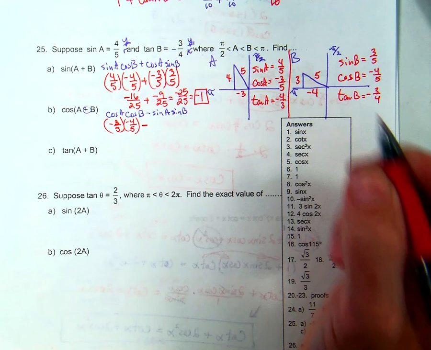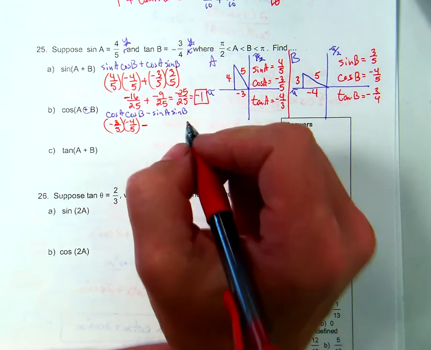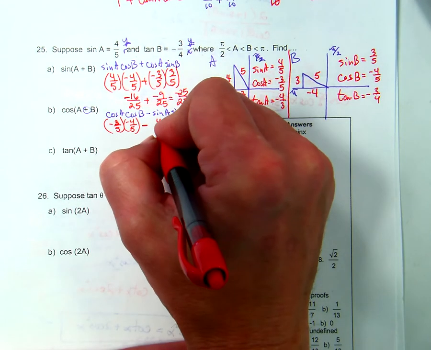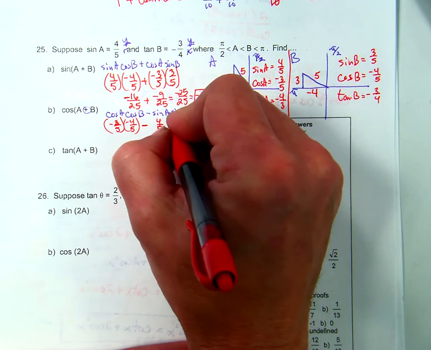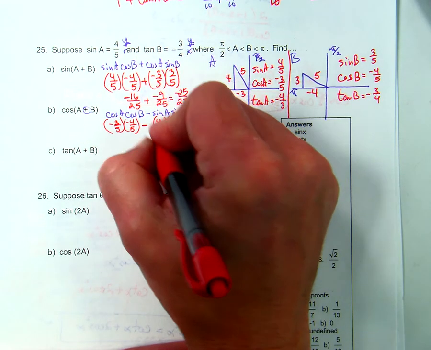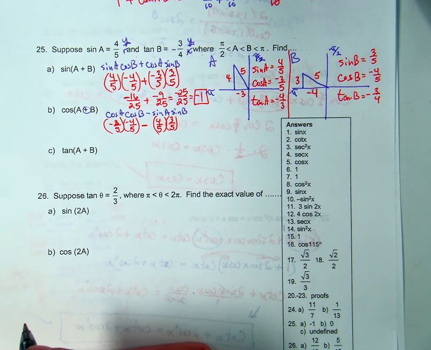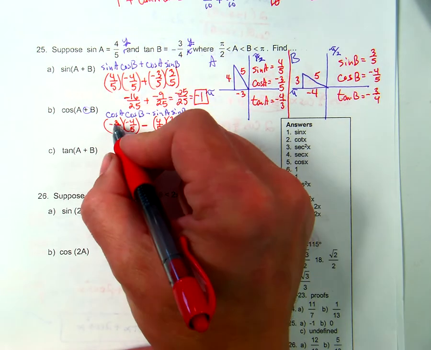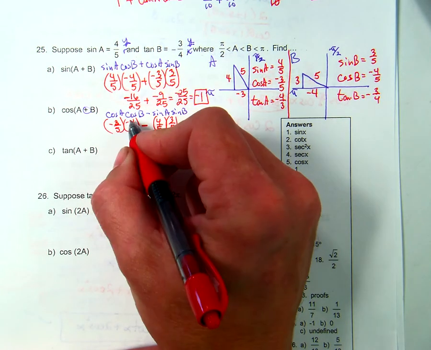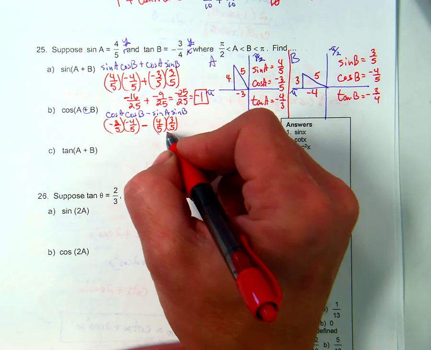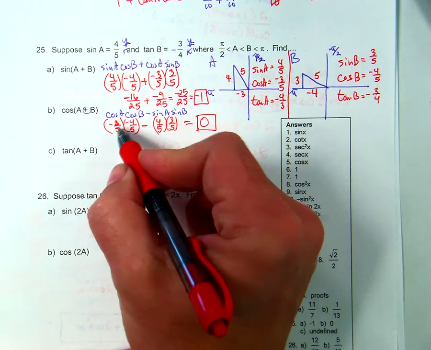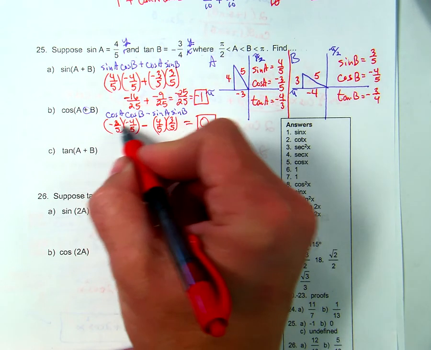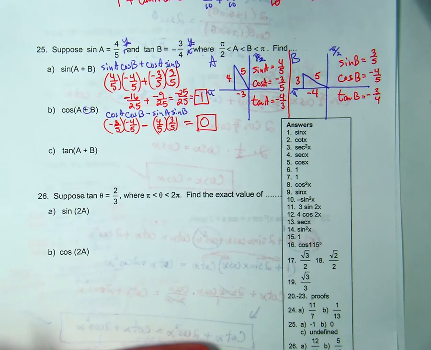We're going to subtract sine of A, which is going to be 4 over 5, and sine B, which is 3 over 5. And honestly, this is going to be a pretty easy one. Positive 12 over 25 minus 12 over 25 is going to be a 0. It's the same thing minus each other, because once you multiply your two negatives, you get a positive. So we have 0 for B.